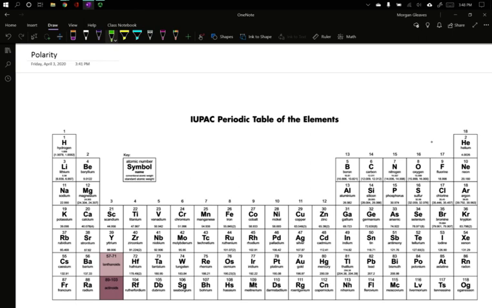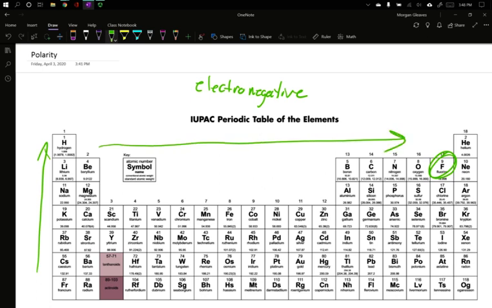The more in the upper right you are, so the more towards fluorine, the more electronegative you are. As you go up a column, or as you go to the right across the row, you become more electronegative.